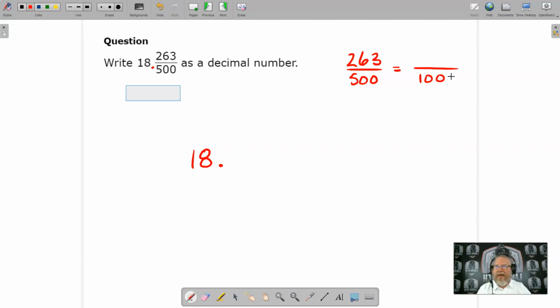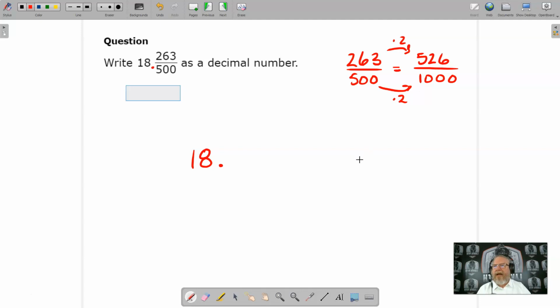And 100 is less than 500, so let's go to 1,000. Now, 500 times 2 would give us 1,000. So we're going to multiply the numerator by 2 as well. And 263 times 2 would be 526, I believe.